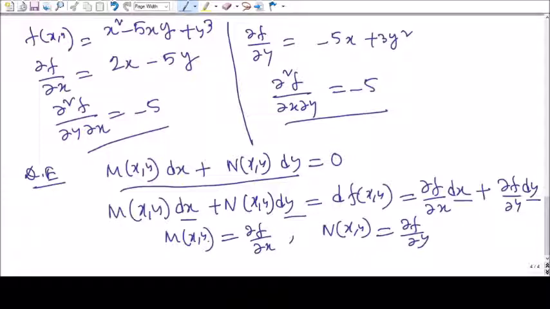So we got M, which is the partial derivative of f with respect to x, and N, which is the partial derivative of f with respect to y.